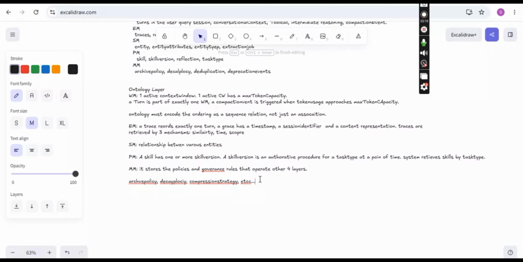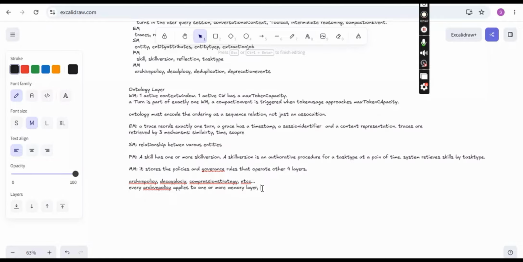So every archive policy applies to one or more memory layers. If it says semantic memory needs to be archived, its token usage is approaching the max token capacity, then it will apply that archive policy.